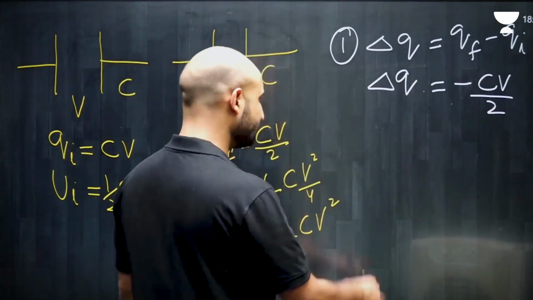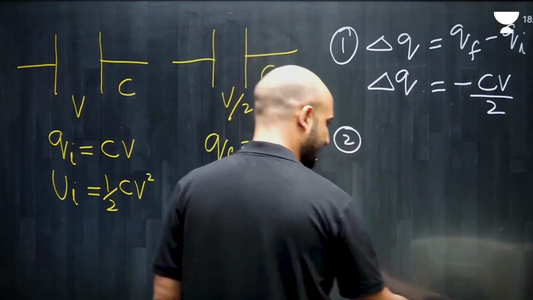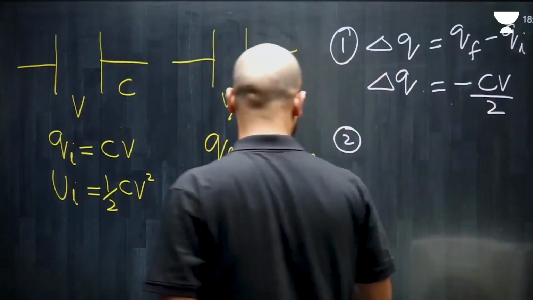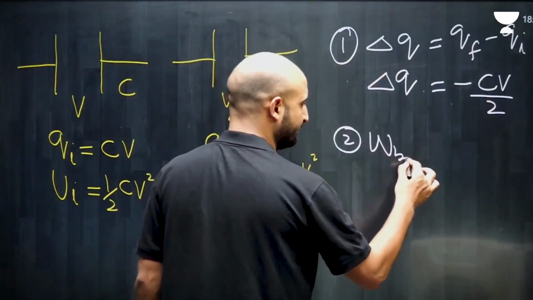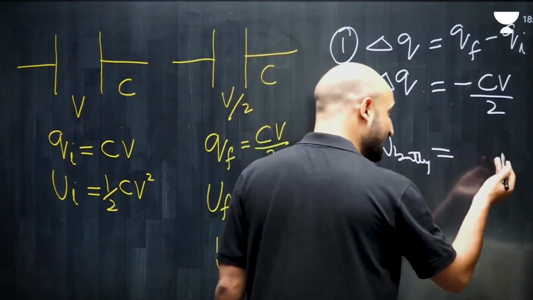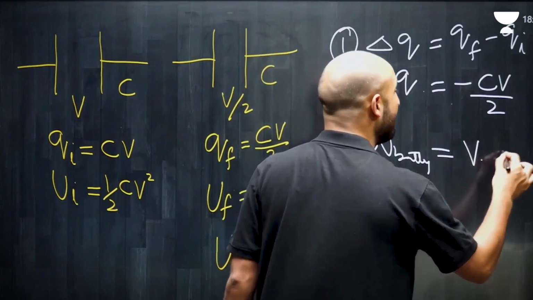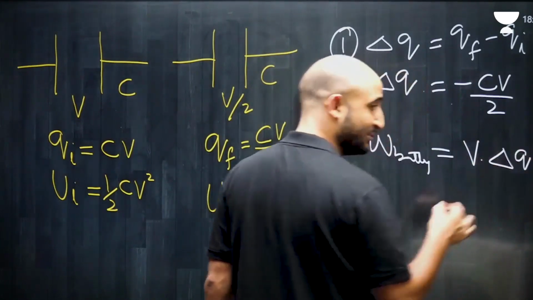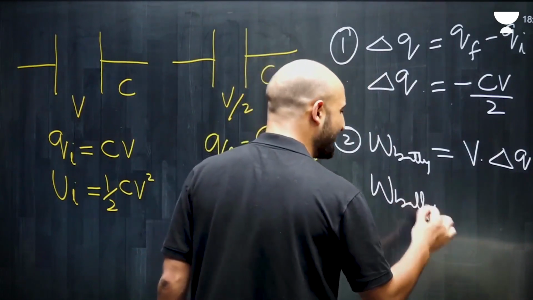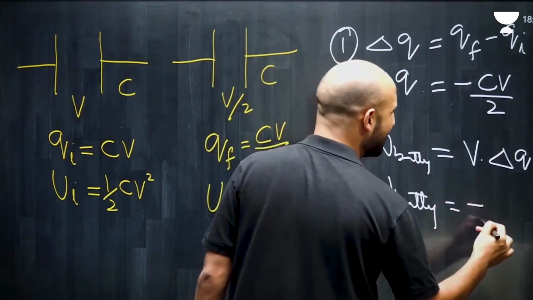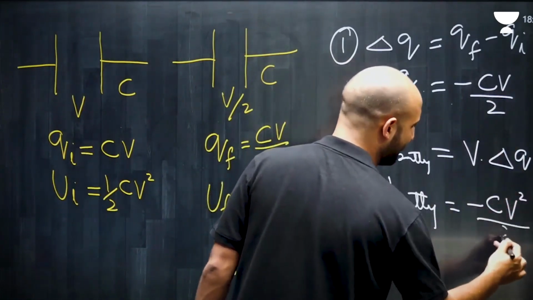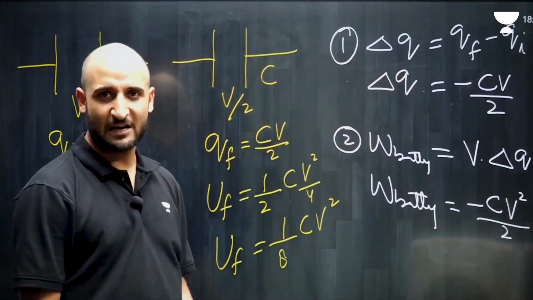Number 2, what I'm asking, that is work done by the battery. As I already told you, the work done by the battery, W battery, is equal to potential difference of the battery, that's V by 2, into the amount of charge that flows, that's delta Q. That means work done by the battery is equal to minus CV by 2 into V by 2. That will be minus CV squared divided by 4. That is the work done by the battery.